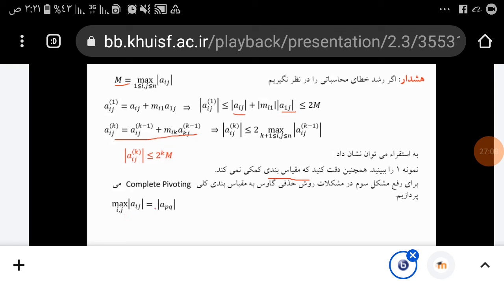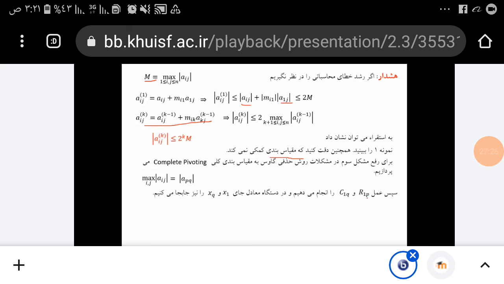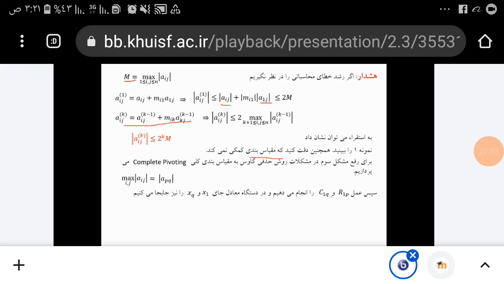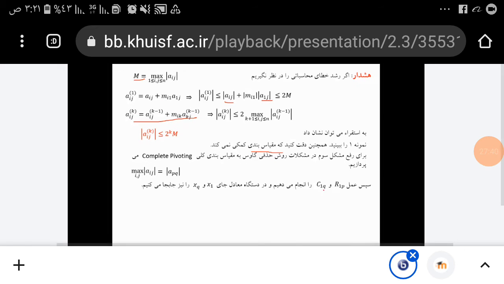If it happened in APQ, row P and column Q, you can do R1P, that means swapping the first row with the P row, and column C1Q, that means swapping the first column with the Q column.